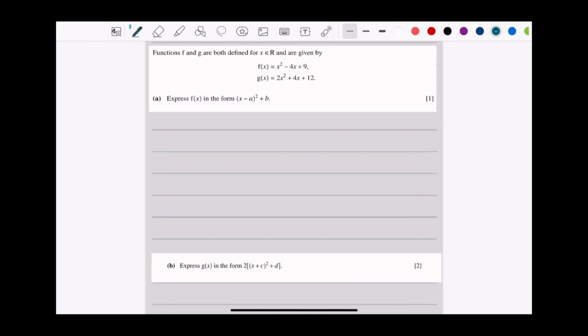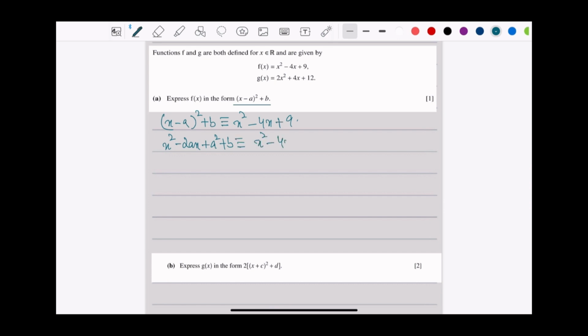So f and g are both defined as the functions that you could see. Express f of x in the form asked. The best way to do it is comparing coefficients. So x squared minus 4x plus 9 equals x squared minus 2ax plus a squared plus b.